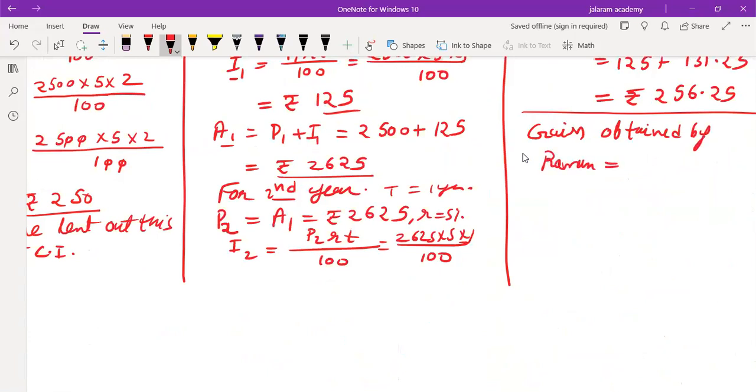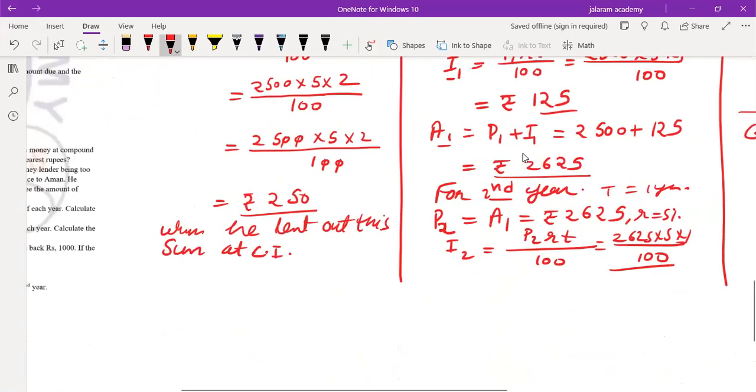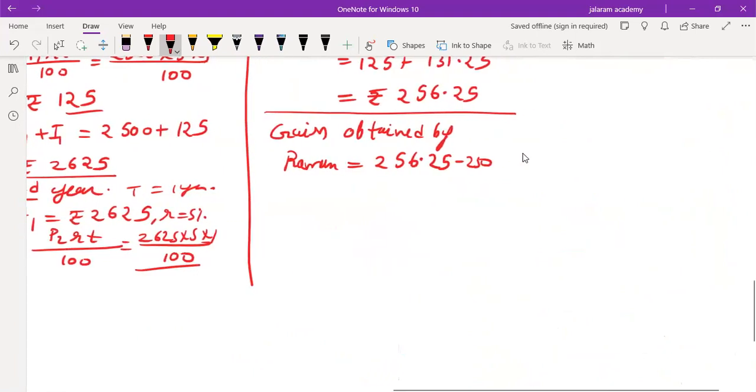Always write these types of simple statements. 256.25 minus 250. He charged rupees 256.25 to the person to whom he lent the sum, and he pays rupees 250 to the person from whom he borrows the sum. So he has gained rupees 6.25, which is the gain for Raman.